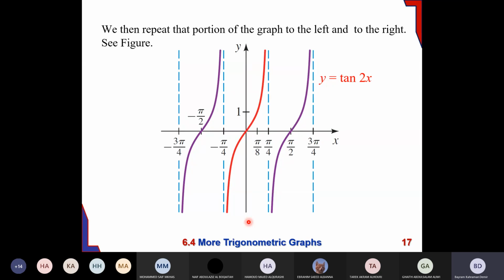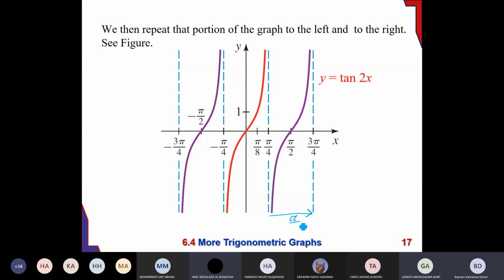Okay, now if you would like to sketch more of the images, then you just need to find the next asymptote, Shabab. We have pi over 4. What is the next asymptote? Well, I need to add what? What is this distance here?